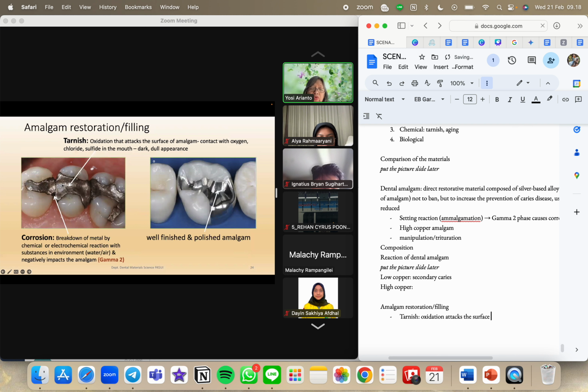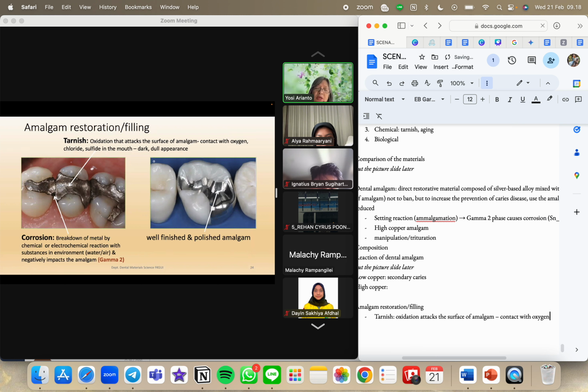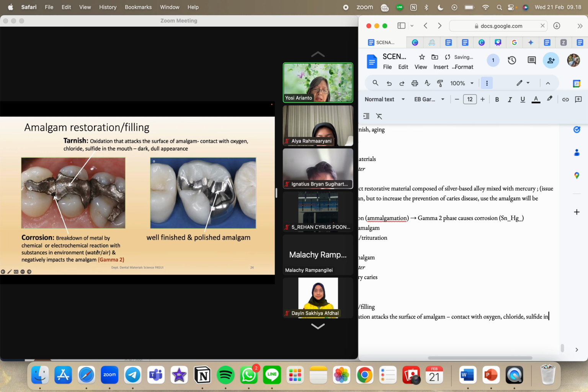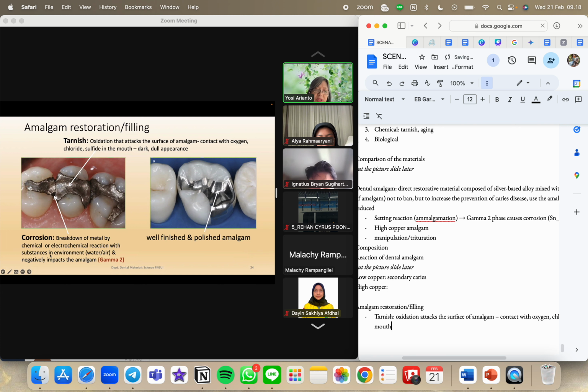But the surface is still very intact. So it's only the discoloration from tarnish, it becomes darker. Corrosion is by chemical or electrochemical reaction with substances in the environment and negatively impacts the amalgam.